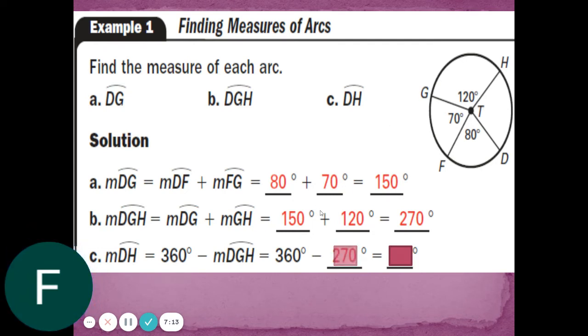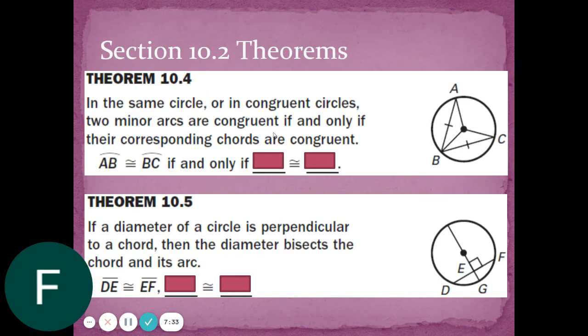So I'll subtract 270 from 360, and you're left with the minor arc DH, which is 90 degrees. So that's a couple of examples for you using the arc addition postulate.